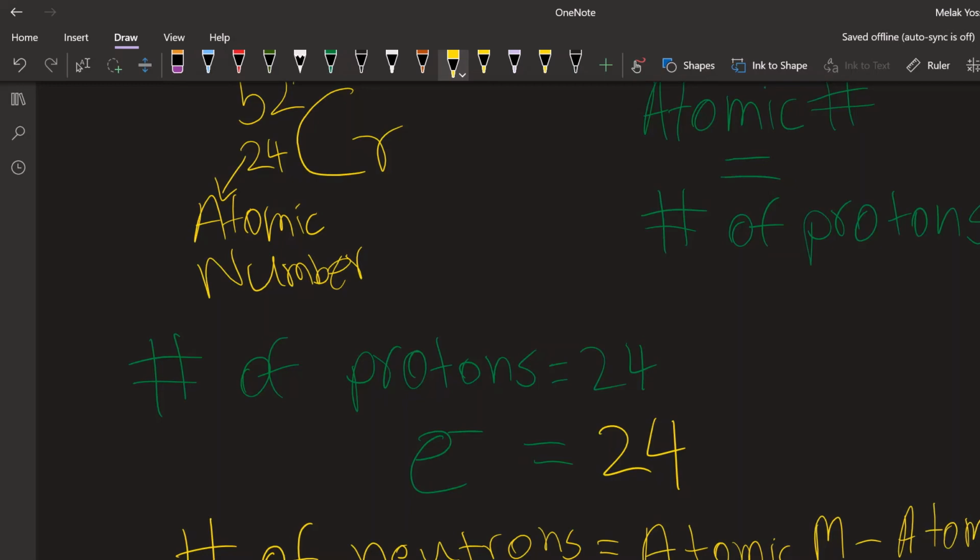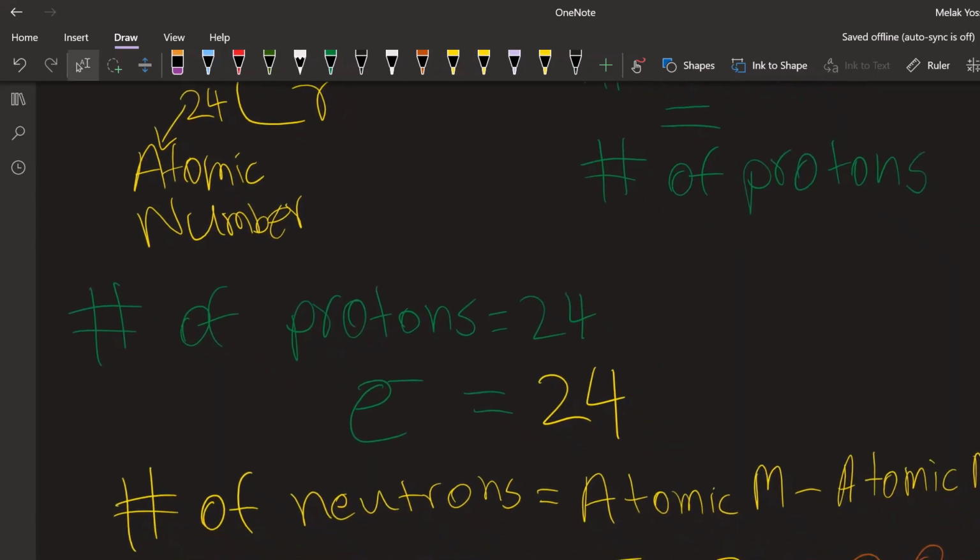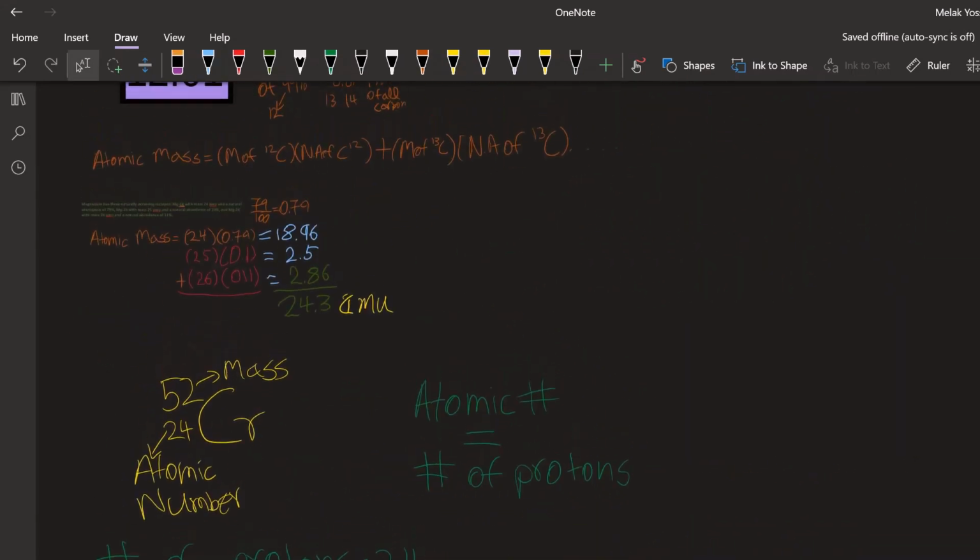If you want to know the reason behind the equation, it's because the atomic mass is made by a combination of the protons and neutrons, and the atomic number is just the number of protons. So if you subtract the number from the mass, you get the number of neutrons. So 52 minus 24 gives you 28 neutrons.